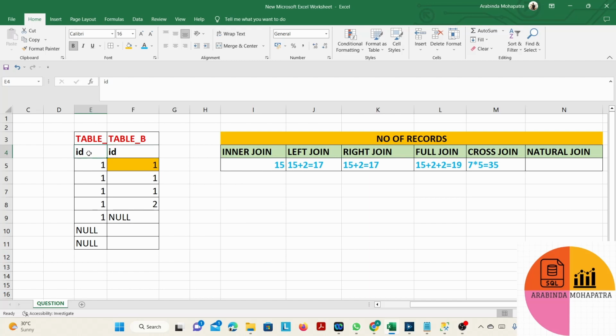If the column name is different and the same column is not present in both tables, then at that point it will act as a cross join. So when the same column is present, it will act as an inner join, giving 15 records. The condition is that the same column should be present in both tables.